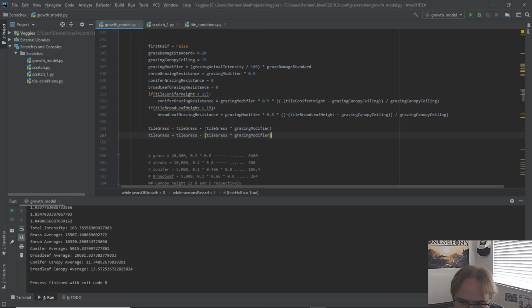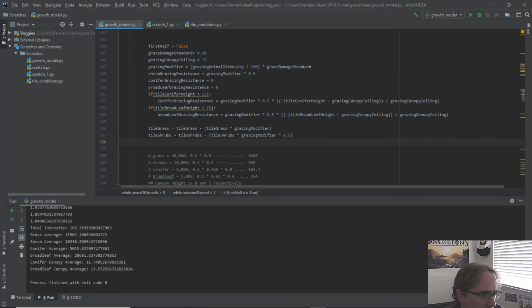Oh, I didn't realize that. I can add them in when I port back. Tile shrubs. Alright, so that cuts it in half.